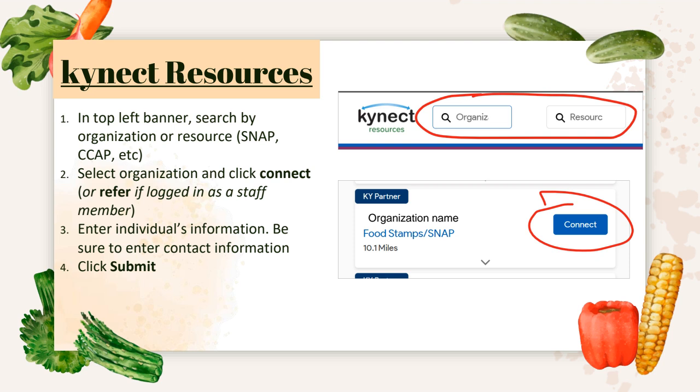Once you find that organization that you're looking for, then you would click Connect on the right-hand side of that particular organization, and it'll bring up a little box that allows for entering contact information, that kind of stuff. My one takeaway for this is make sure that you're entering contact information. Something that Savannah tells me on a regular basis is that there are lots of folks who submit referrals and they just put Jane Doe, somebody's name, and don't have contact information.